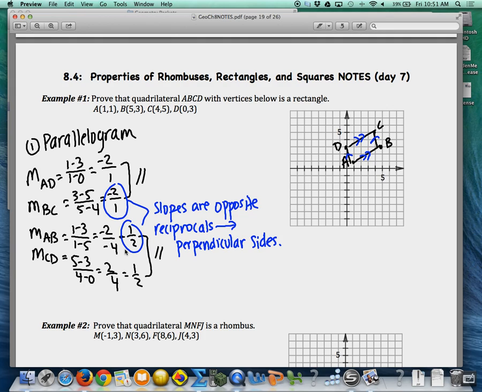Yes. Yeah, so like the last section, section 3, you have to write me a sentence to say that. So we're going to say ABCD is a rectangle because opposite sides are parallel.